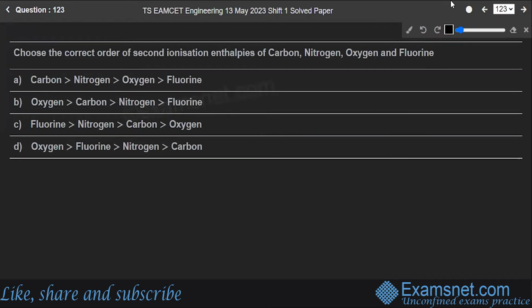Question number 123, you have to choose the correct order of second ionization enthalpies of carbon, nitrogen, oxygen, and fluorine. Well, the correct order of second ionization enthalpy is given by oxygen, followed by fluorine, nitrogen, and carbon. The electronic configuration of these elements after the removal of their first electron will be given by, like I'm removing only one electron from oxygen, so it will be O+, 1s2, 2s2, 2p3.